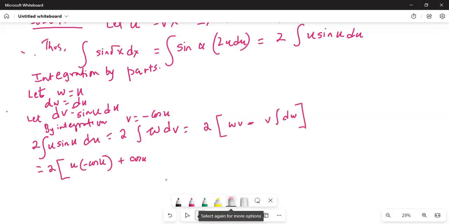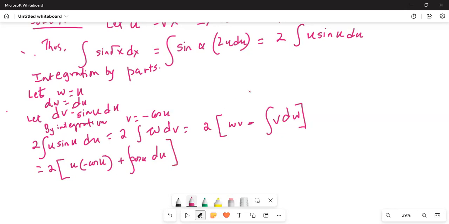The integral of v dw: v is equal to minus cosine u, and that minus minus becomes a positive cosine u, and for dw I can write du. Okay, now it makes sense.